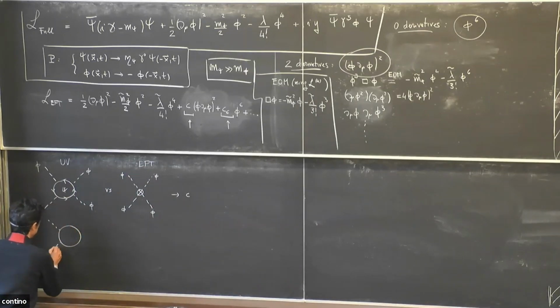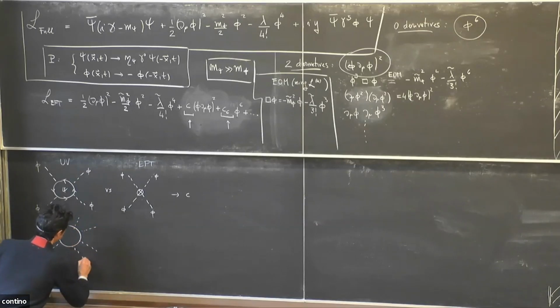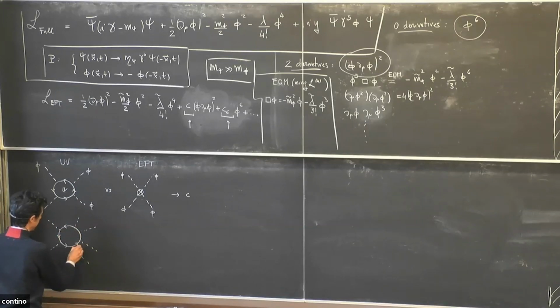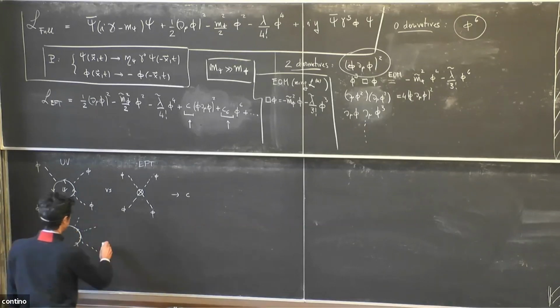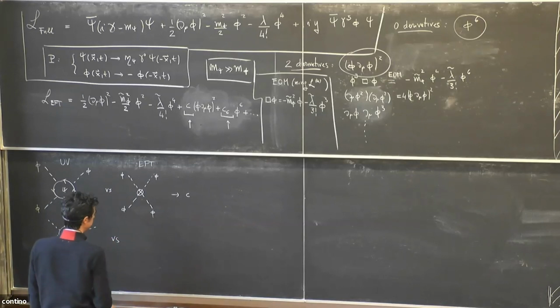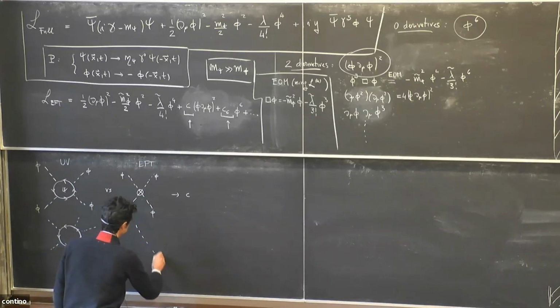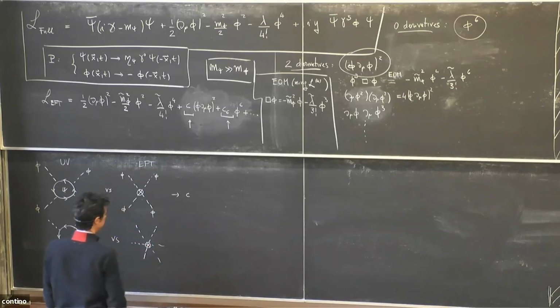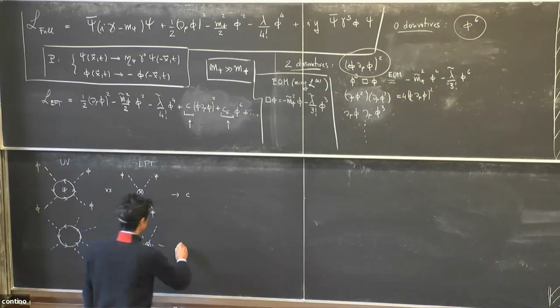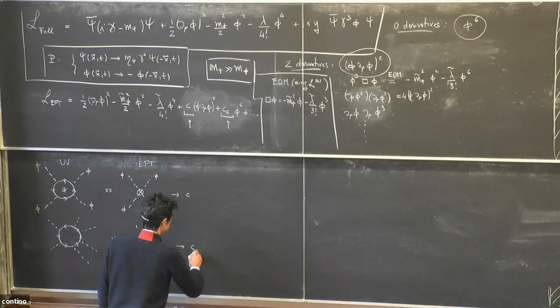Similarly, if I consider a 6-point function, then I compare it with an effective vertex involving 6 scalar fields, I get C6.